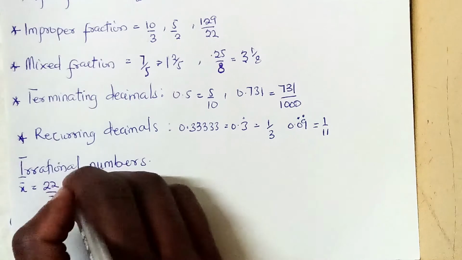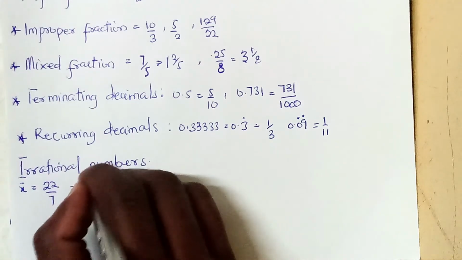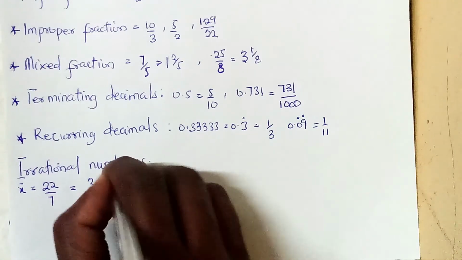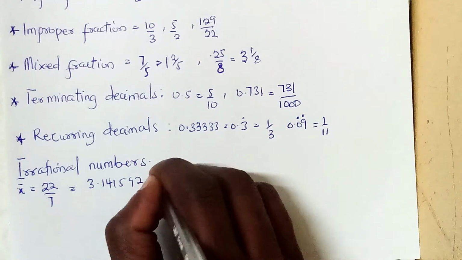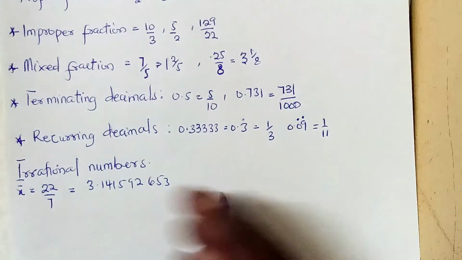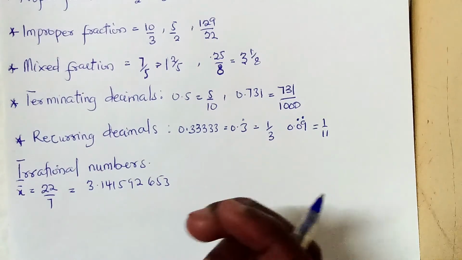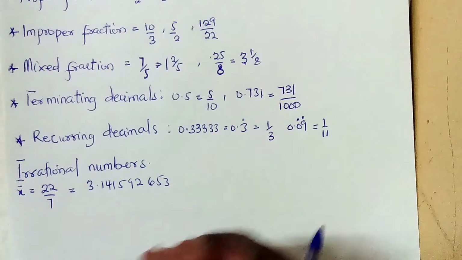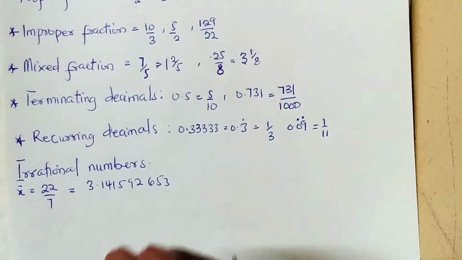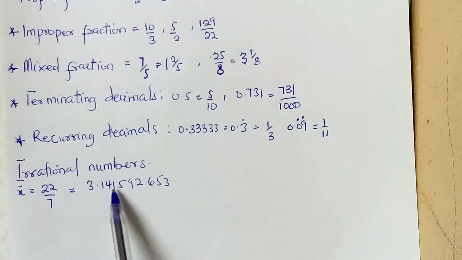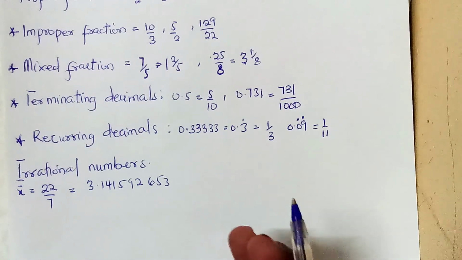When this is divided, we get a figure like 3.14159265, and it goes on. So with this, we round them into different forms. We can have 3.142, rounding it to 3 decimal places. We can also round it to 4 decimal places and so on.